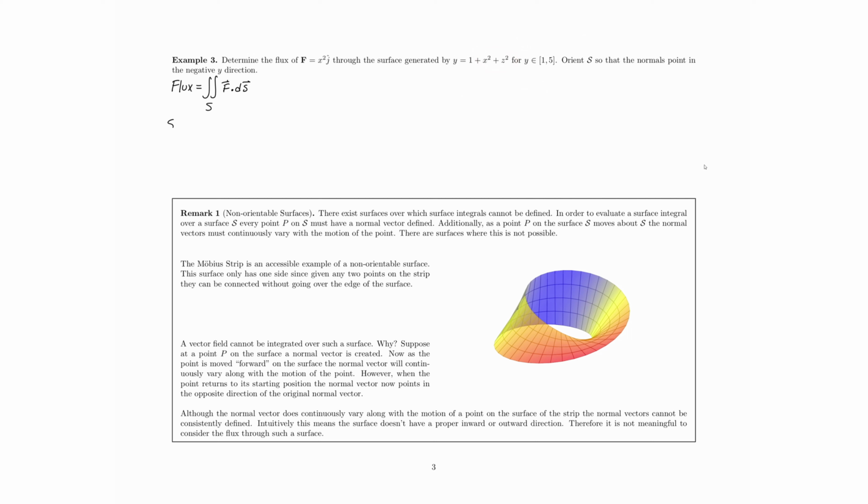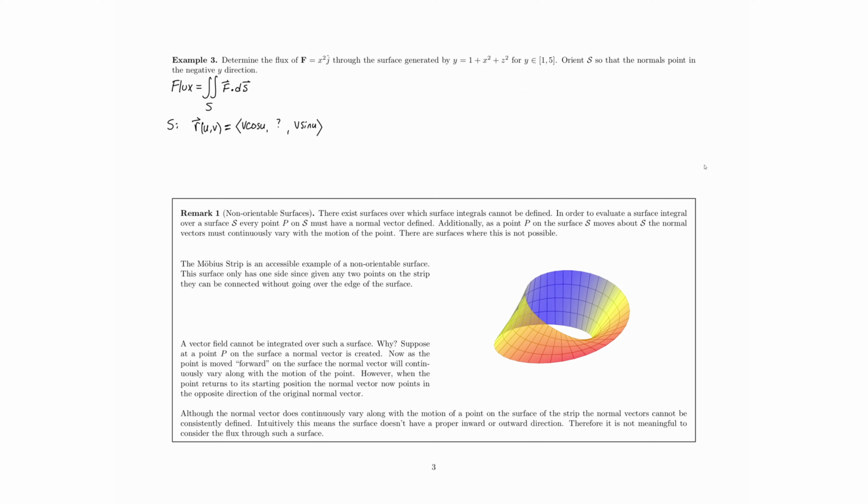So I'm going to go ahead and parameterize the surface S by setting x equal to v cosine u, y we'll leave alone for now, and setting z equal to v sine u.